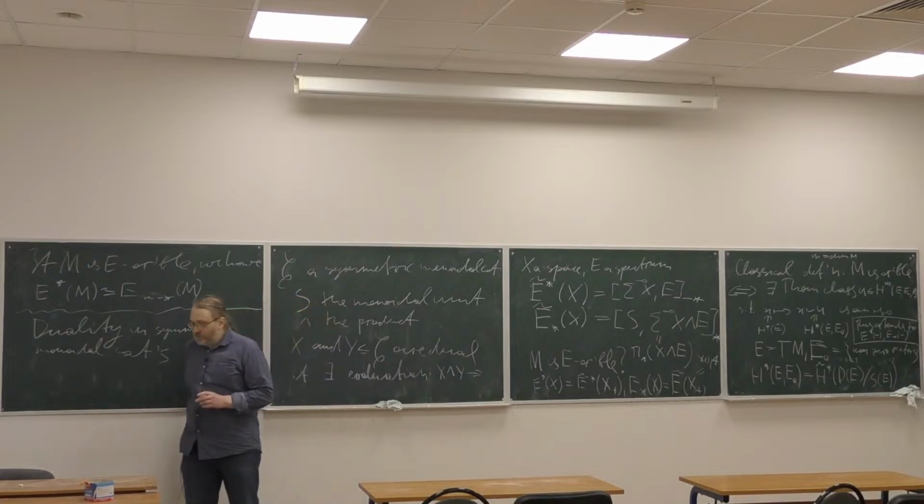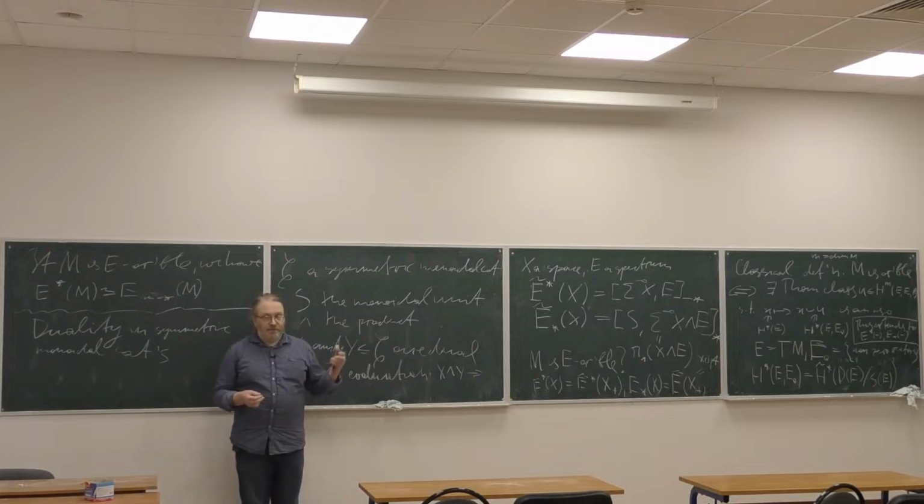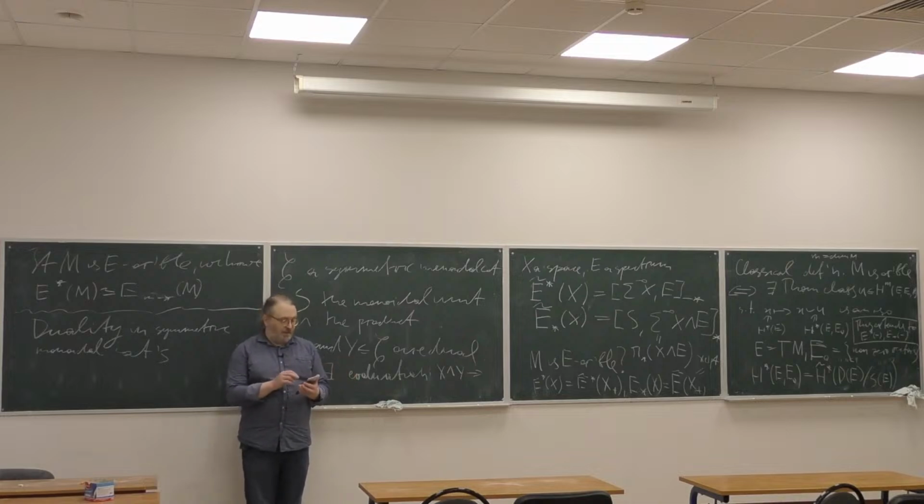Okay, let me check whether normally people denote, there will be two maps, the evaluation map and the co-evaluation map. One is normally denoted epsilon, and the other one is denoted eta.